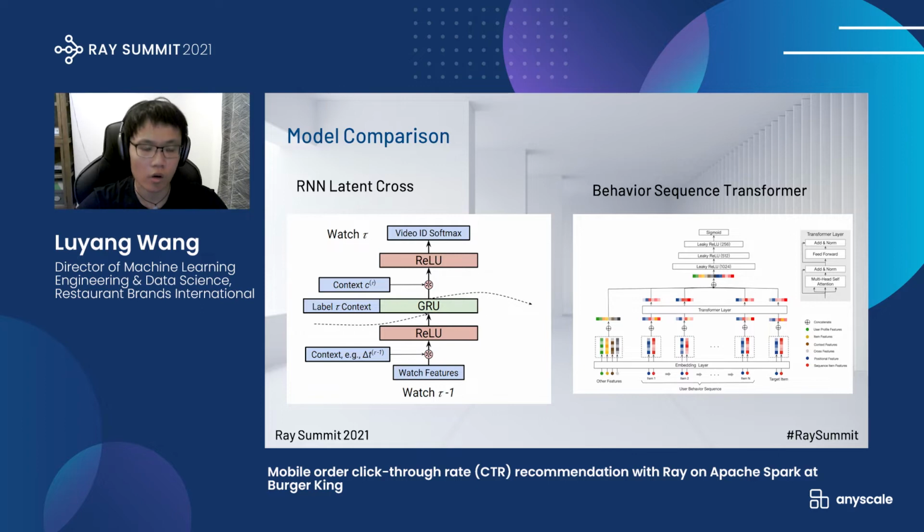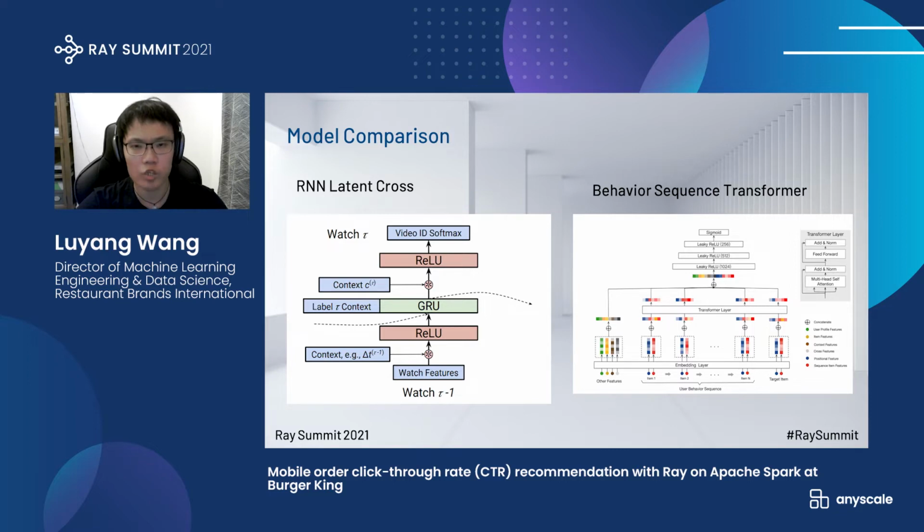In the RNN latent cross paper, they just do simple concatenation. But in our case, because we have so many different context features, we apply a transformer to do better feature extraction out of those context features. That's the main difference. Also, we replace the GRU layer with the transformer to accelerate parallel training speed.